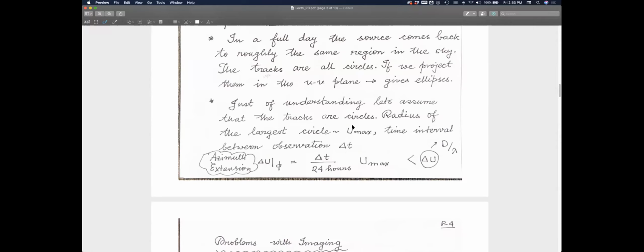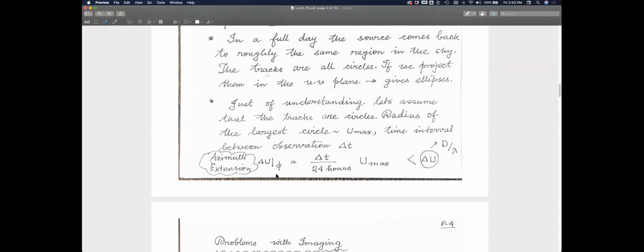Now you can see that it has to move a circumference of 2 pi Umax in 24 hours. So roughly speaking, apart from a factor of 2 pi, in every delta t time, it will move by this amount in the azimuth direction.